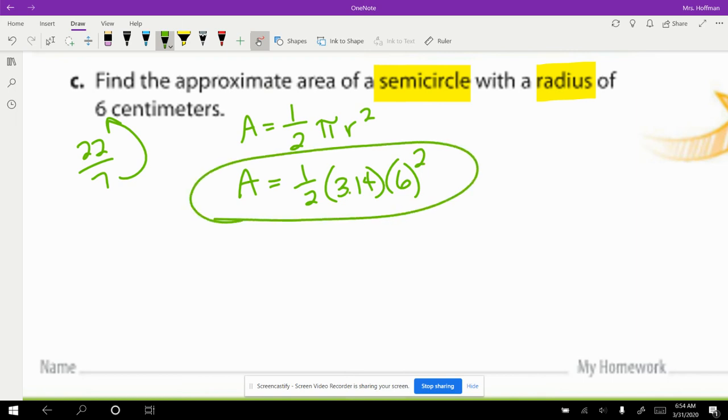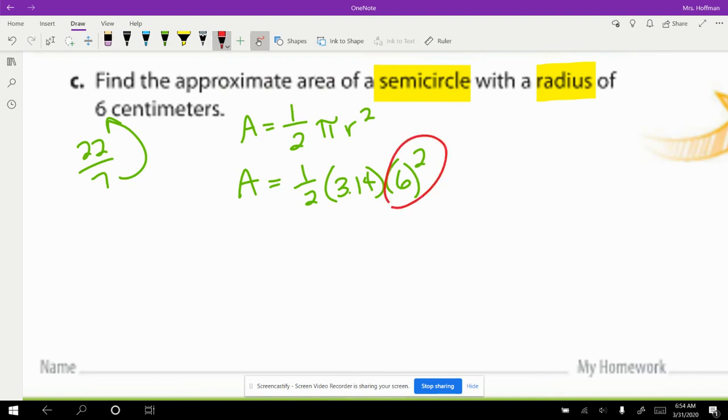It is required. Okay. From here, we can start to pick apart our PEMDAS. The first thing that we're going to need to do is exponents. So I know that 6 squared is 36. And then I can do the multiplication pieces. There are 2 multiplication pieces. I can do them in any order I want.